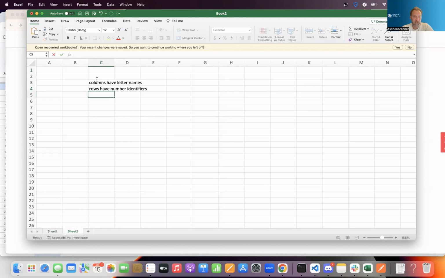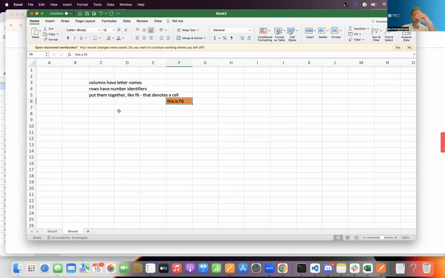And if you put them together, like F6, that denotes a cell. Okay, so I'm going to go ahead and put my block in F6. I'm going to fill it in with a color. This is F6. Excel doesn't care whether you say uppercase or lowercase f. It's the same thing. So this is F6.